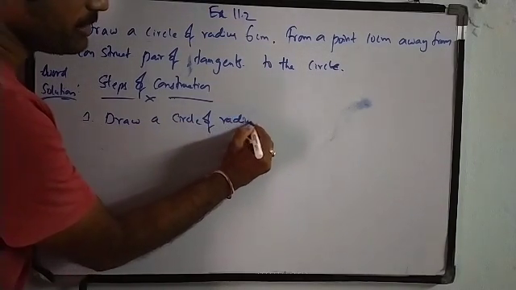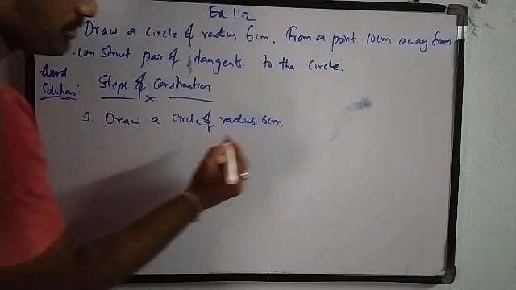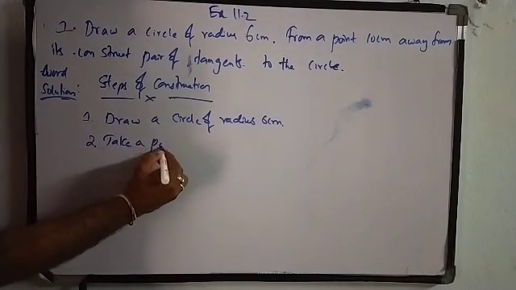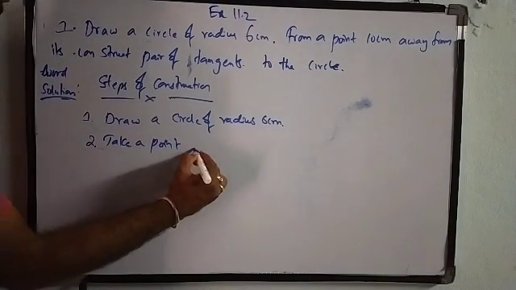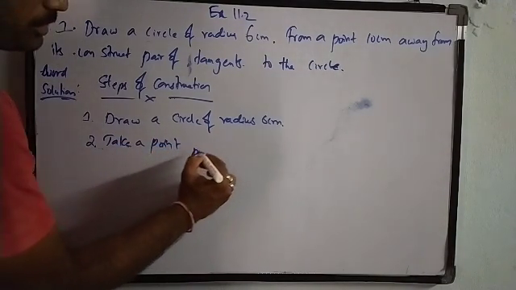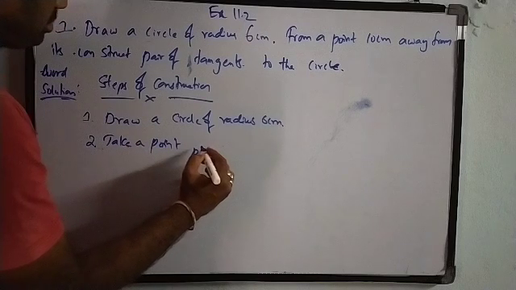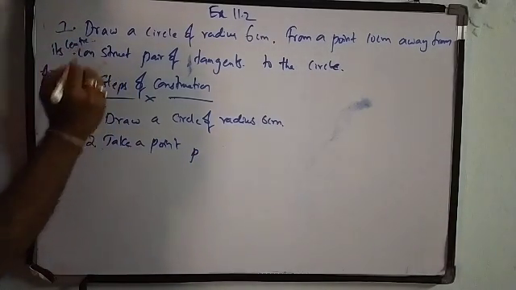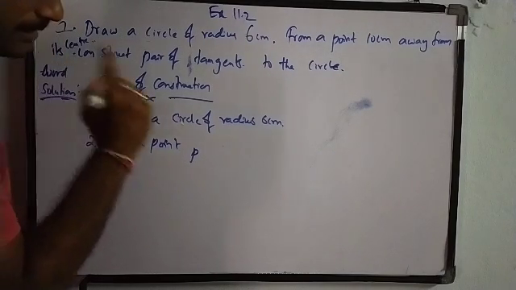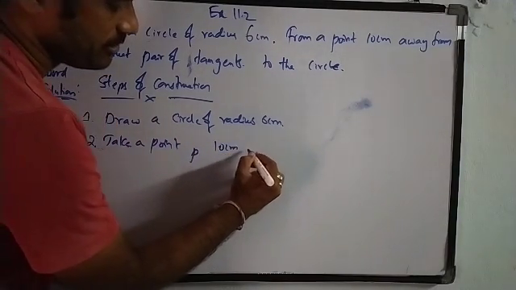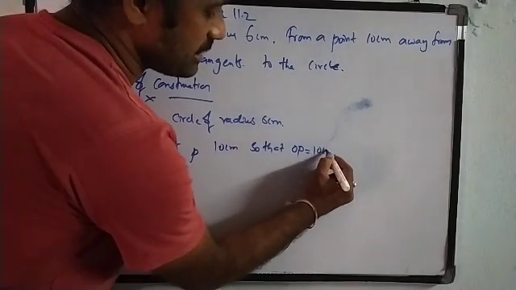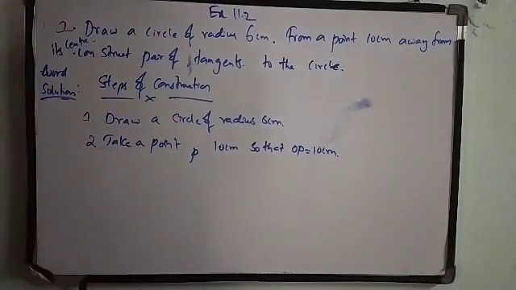Step 2, take a point, let us suppose the point name is P, 10 centimeters from the center, so that OP is equal to 10 centimeters. It means we are assuming that our center is O. So O to P distance should be 10 centimeters.